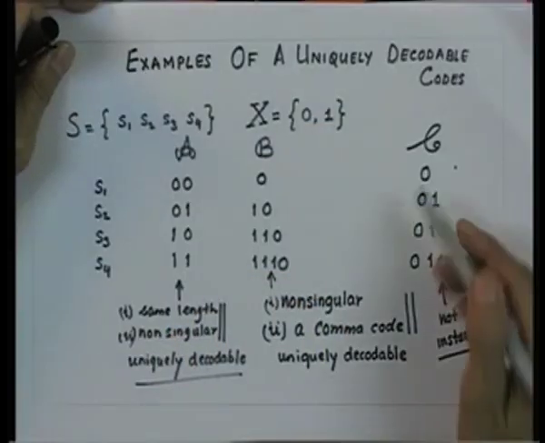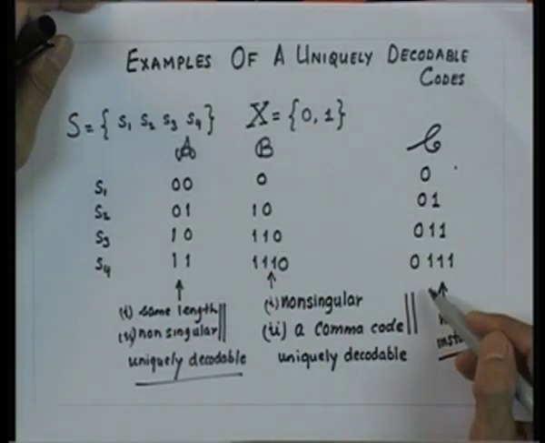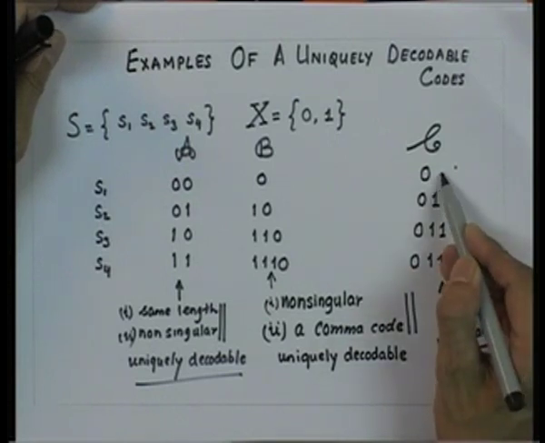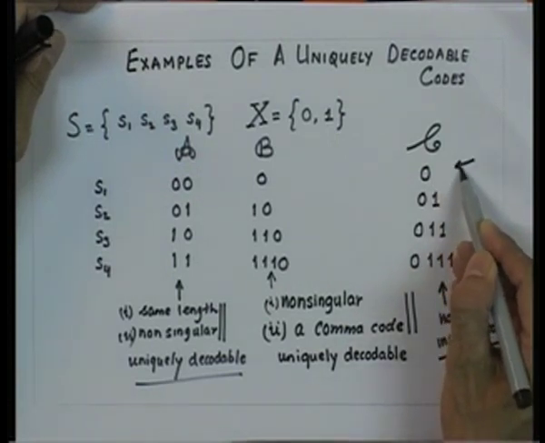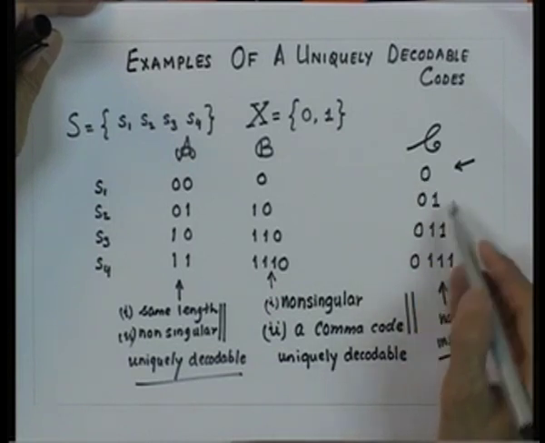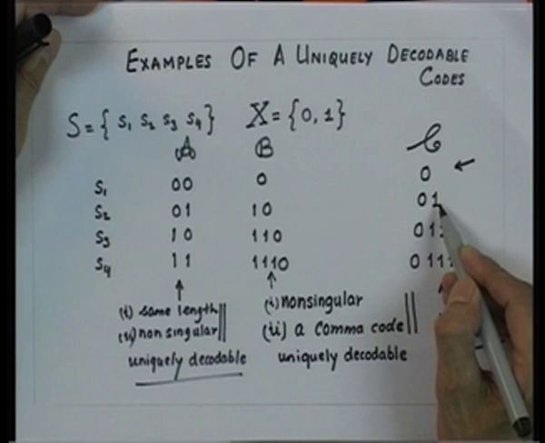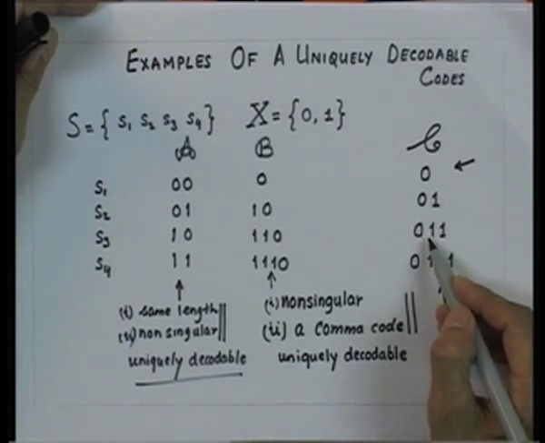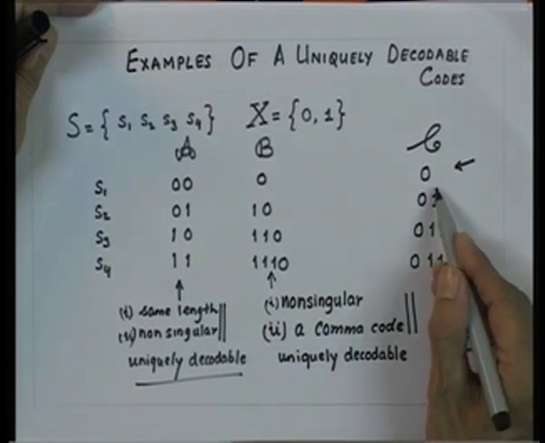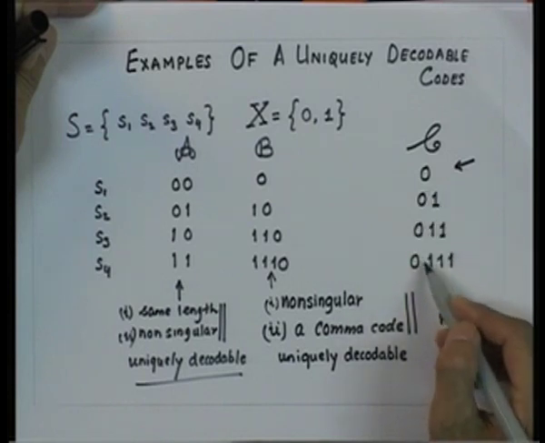if you look at this, you will find that the code C does not satisfy the prefix condition, because the code word corresponding to the symbol S1 forms a prefix to the code word of S2. Similarly, the code word S2 is a prefix of S3 and S3 is a prefix of S4. In fact, S1 is a prefix of all the code words.